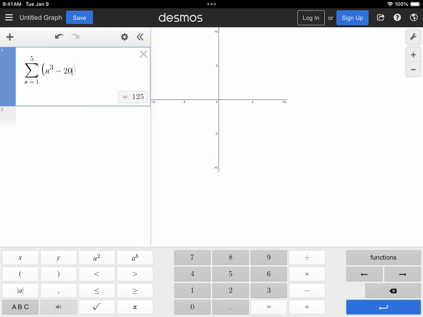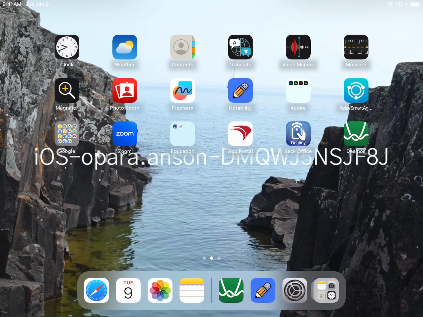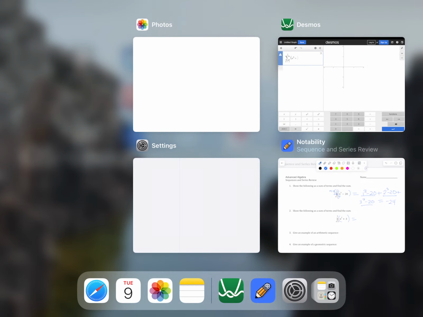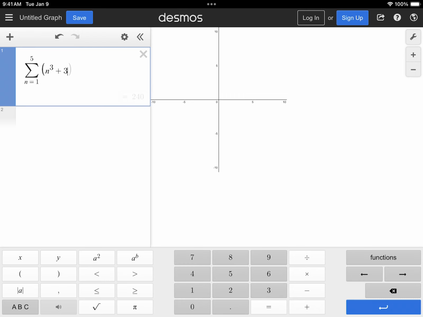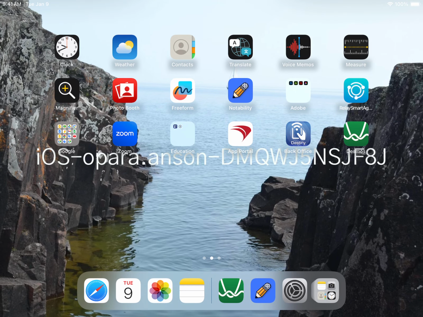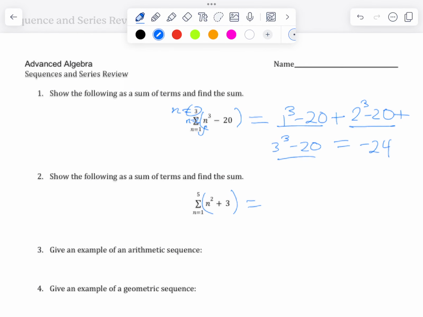And then this was n cubed plus 3. And it pumps out the answer is 240. So that's a lot faster than doing it all by hand. But you can look on the answer key if you get that.